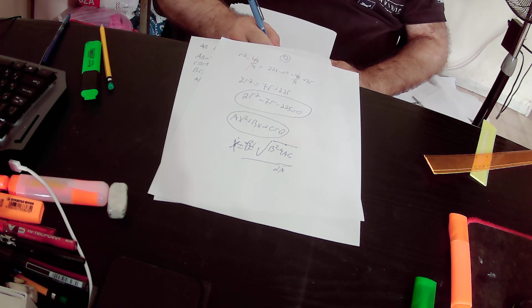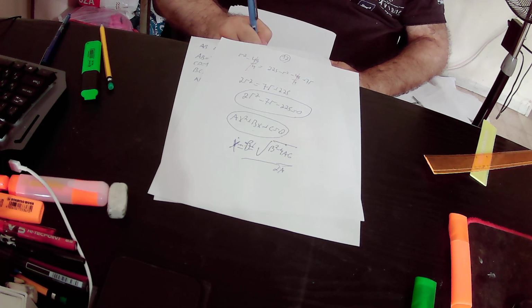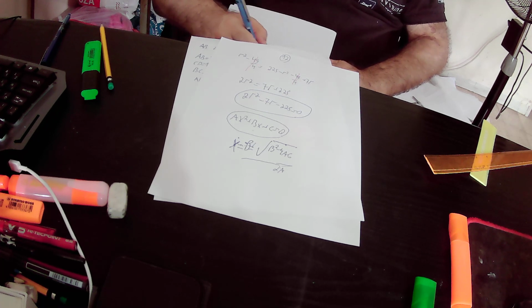The coefficients of this quadratic equation are a equals 2, b equals minus 7, c equals minus 225.